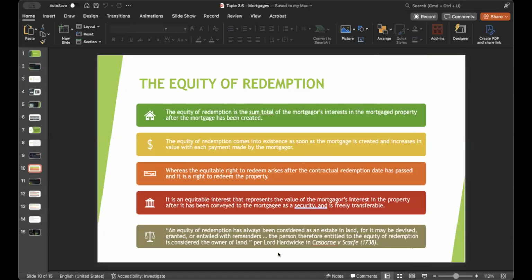As was stated by Lord Hardwicke in Casborne v Scarfe, an equity of redemption has always been considered an estate in land, for it may be devised, granted, or entailed with remainders. The person, therefore, entitled to the equity of redemption is considered the owner of the land.